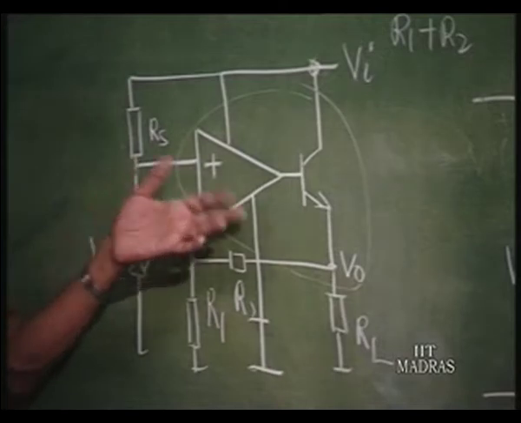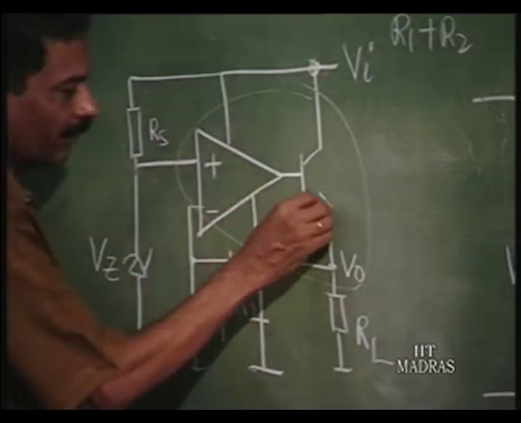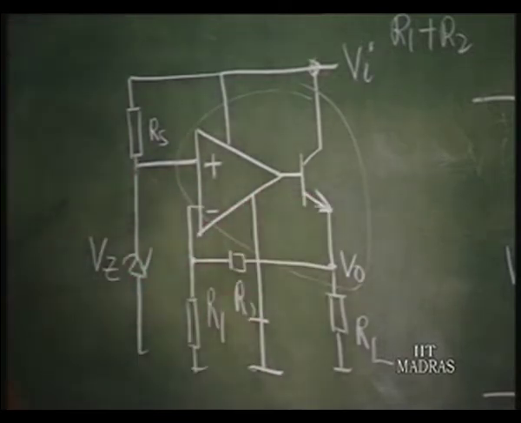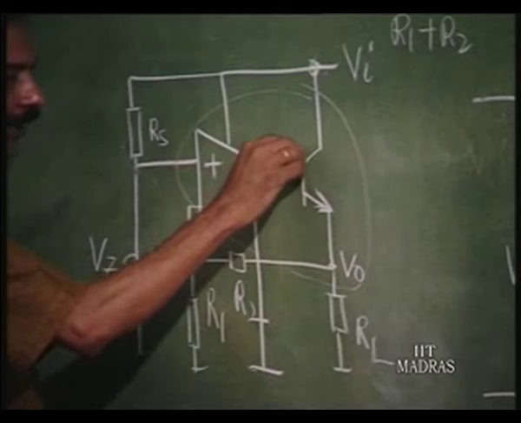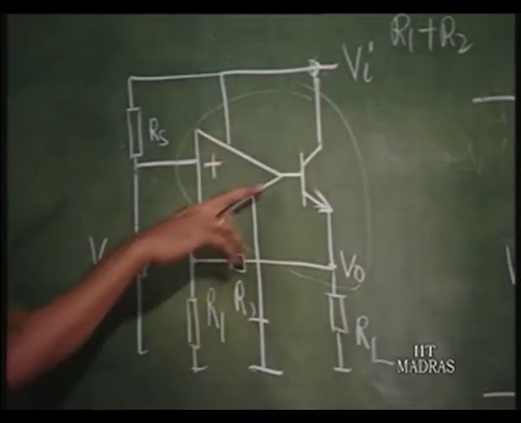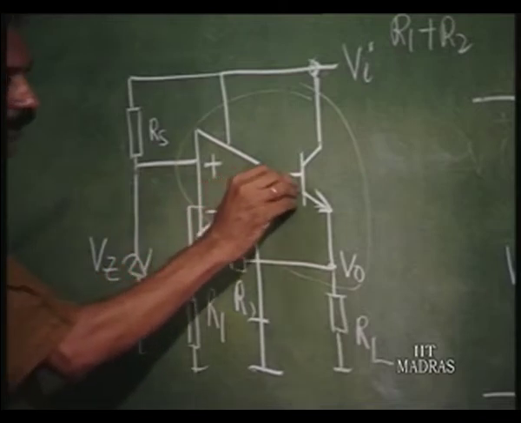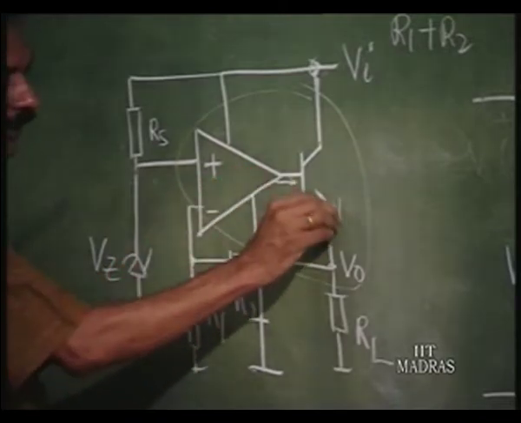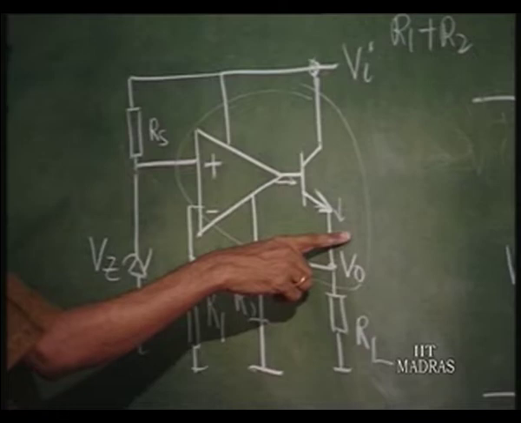Only thing is the current handling ability of the op amp may not be that high, right. We could have as well used the op amp itself for this regulator, right. So, instead of that, the current handling ability of the circuit is enhanced by using a current amplifier. This is the op amp output current, this current is beta plus 1 times higher.